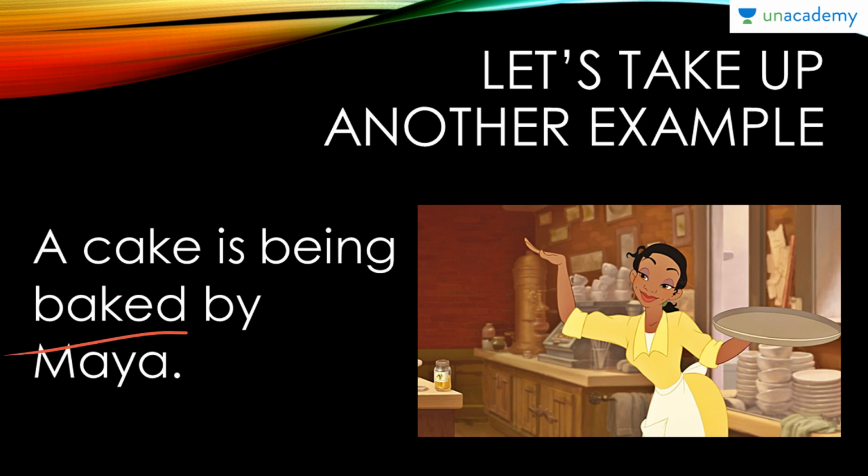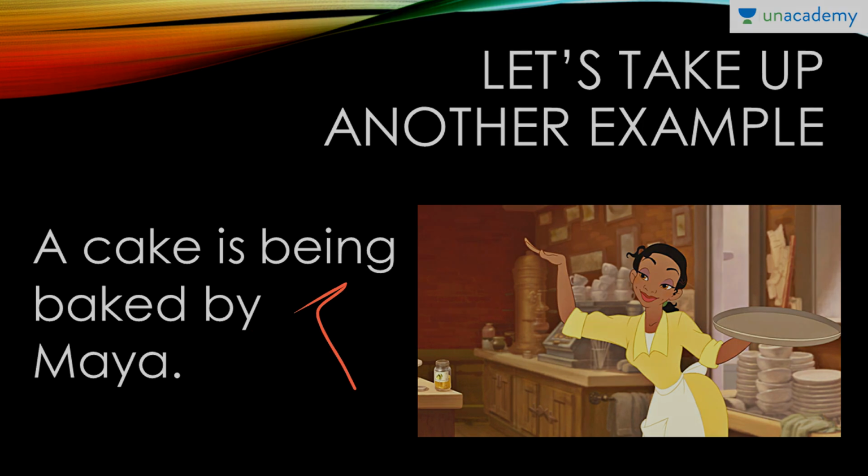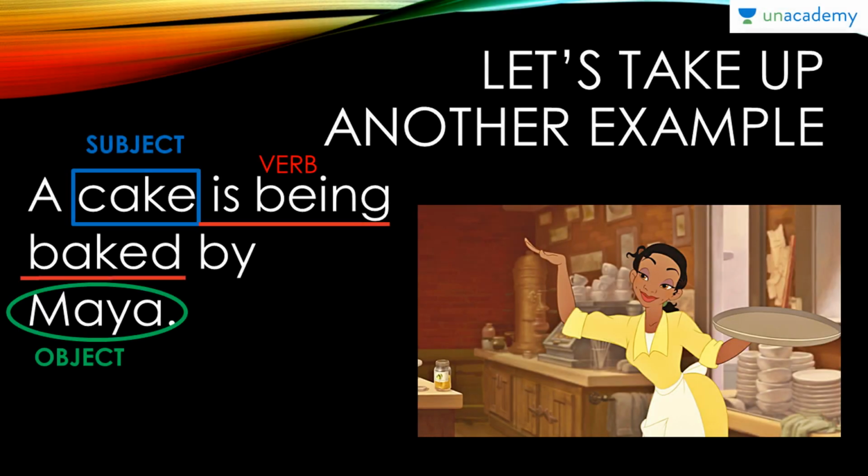Is being baked is our verb. So this sentence is a present continuous tense. So let's see if the subject, object and the verb is right. Yes. So cake, subject, is being baked, verb, by Maya. Maya is our object. That is right.